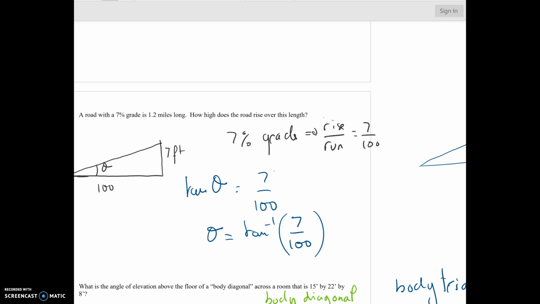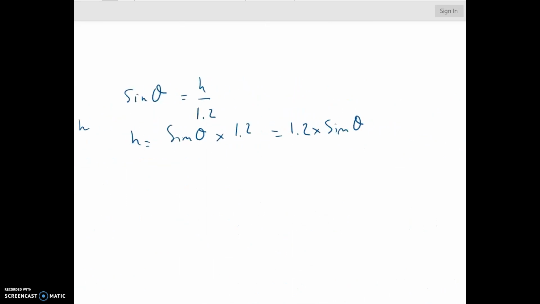If you want to do this calculation, theta equals 4.004172941 degrees, please take all the numbers. Or you can just write tangent to the negative 1 of 7 over 100 inside this formula. Now you know that theta is equal to 4.004172941 degrees.